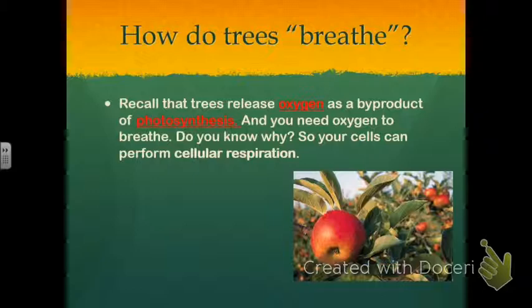And then all cells that take in oxygen, including you, inhale air, and your lungs are able to take the oxygen out and send it through your bloodstream to get to all of your cells, so your cells can perform cellular respiration.